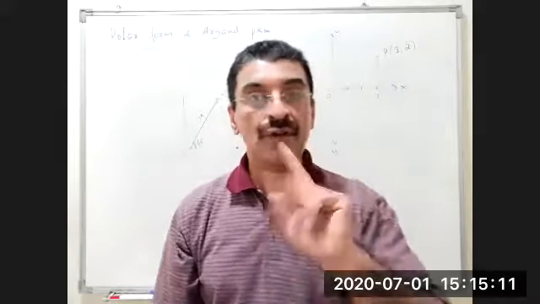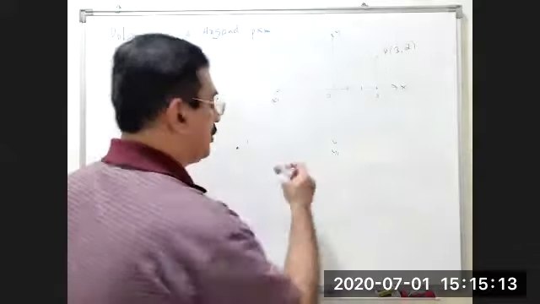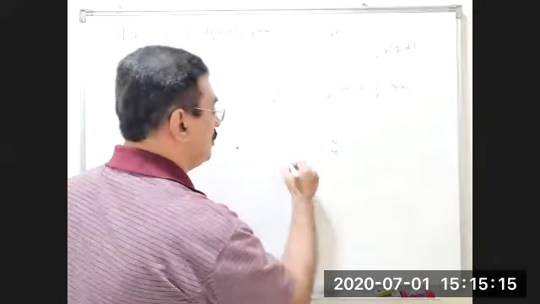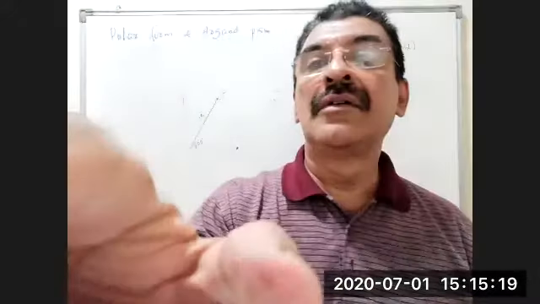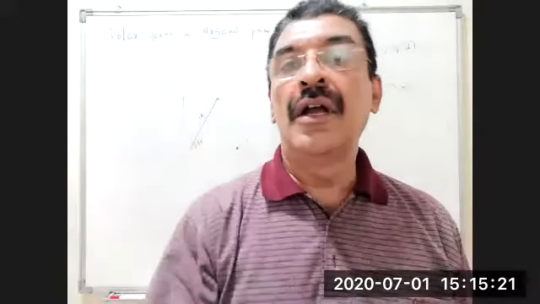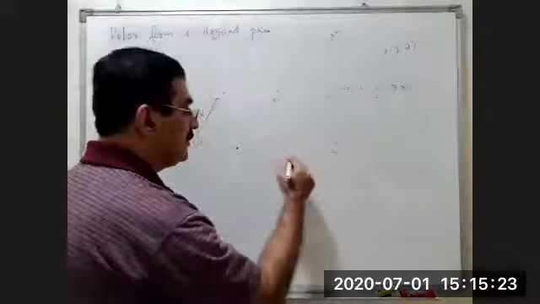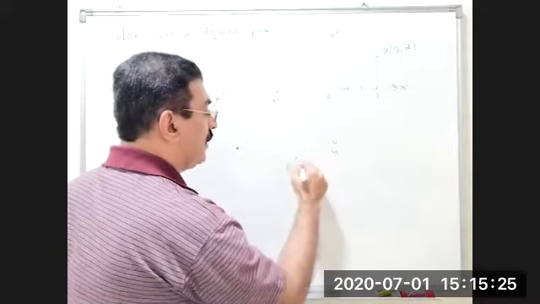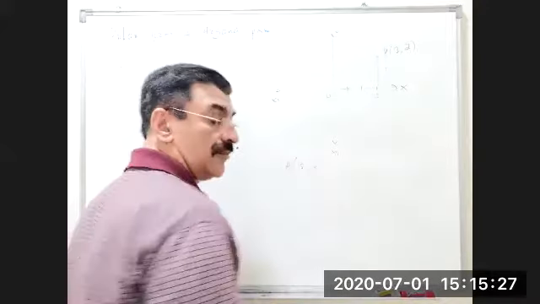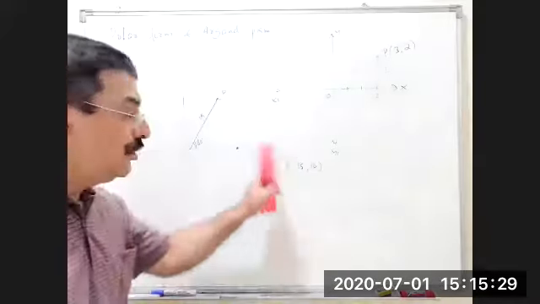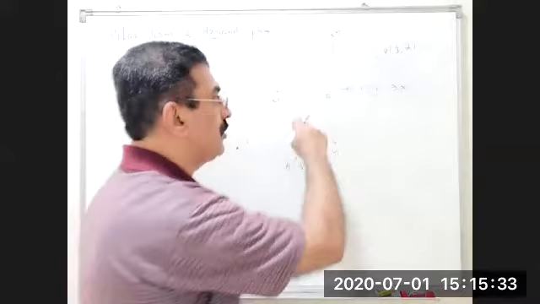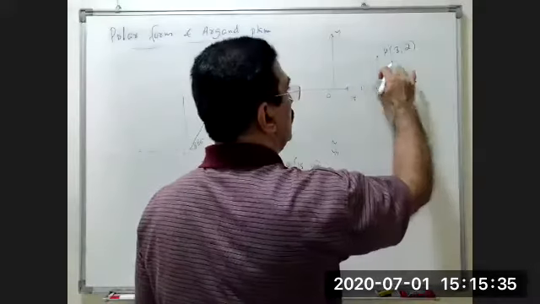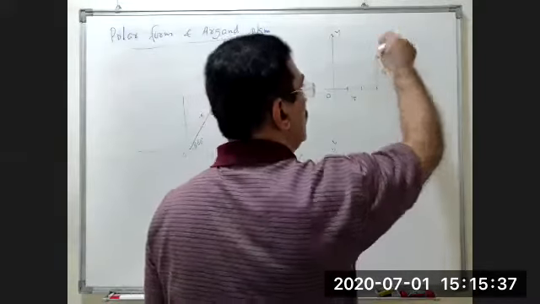So for the point A (15, 10), you can exactly locate the point because we take 15 centimeters here, 10 centimeters here, and we reach the point B.